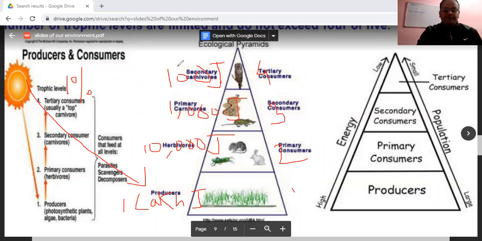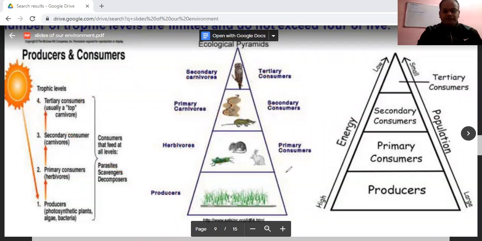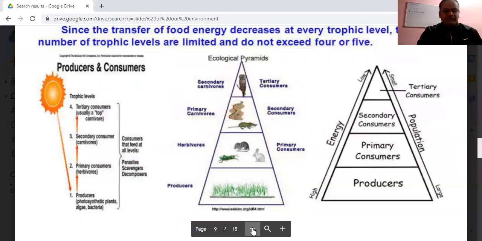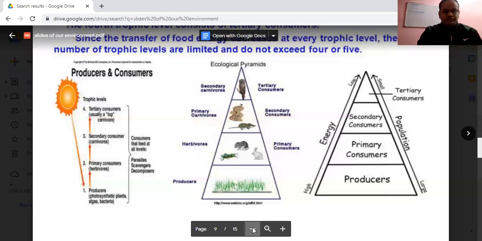And that is why the food chain has near about 4 to 5 steps merely. Got it? So this question also comes in the examination, why does the food chain have near about 3 to 4 steps? Is this concept clear to each and every student?